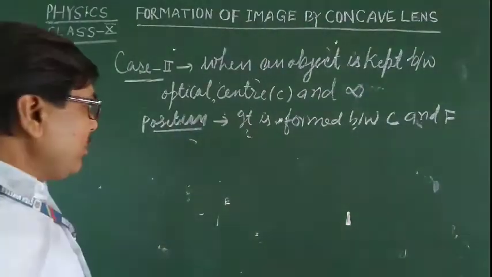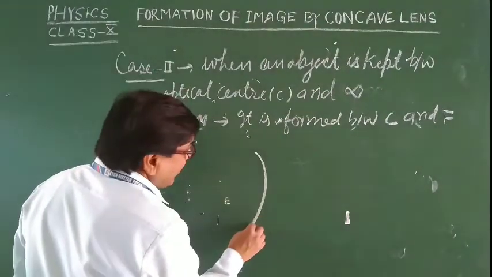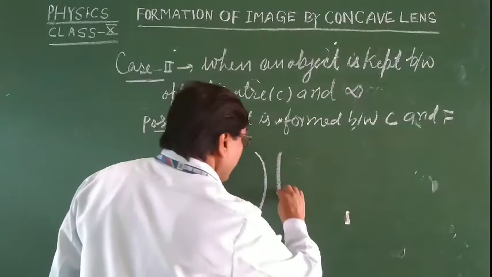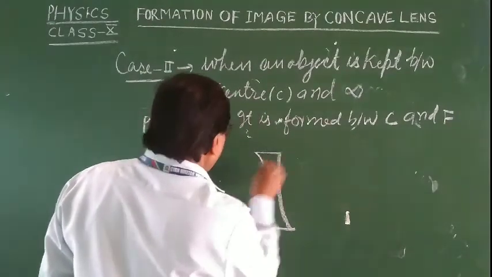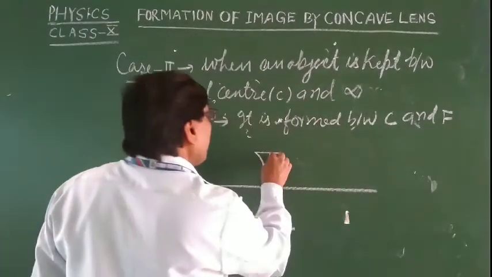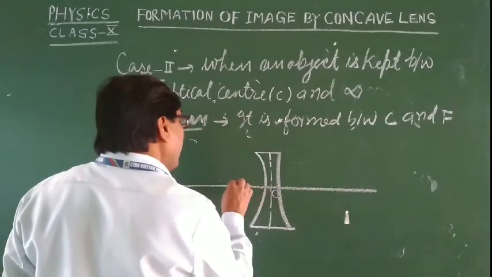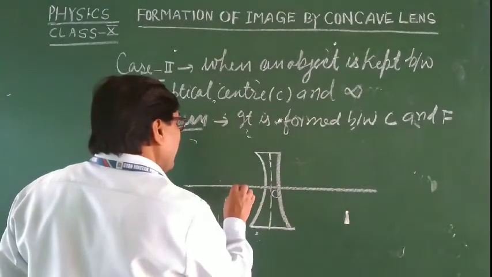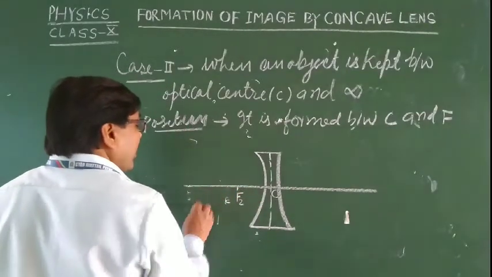Let us draw its ray diagram. This is the concave lens, this is the optical center, and this is F1 or F2, you can write here F2.